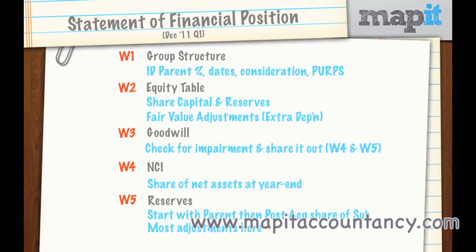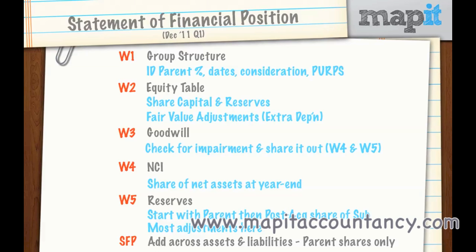Now we've done all of the workings required for our statement of financial position, what we need to do is bring it all together into the actual statement of financial position. So we will add across the assets and liabilities for the parent and any subsidiaries, and we'll use the parent's share capital only.